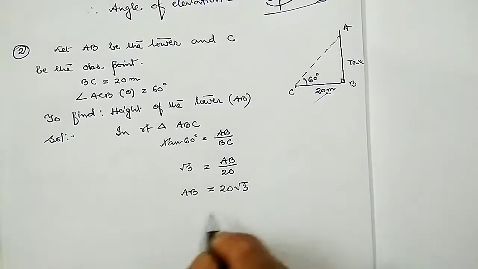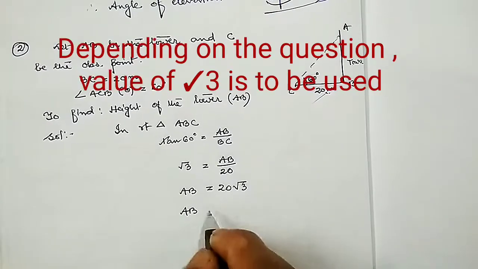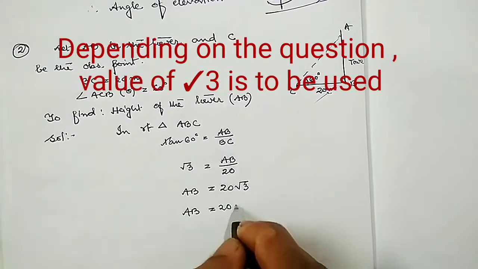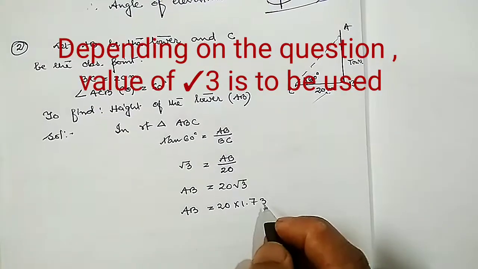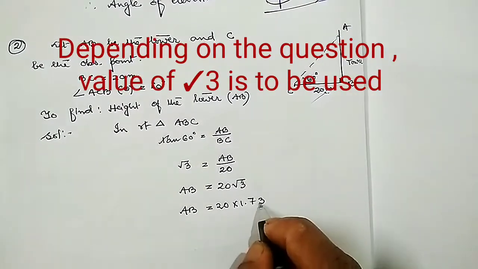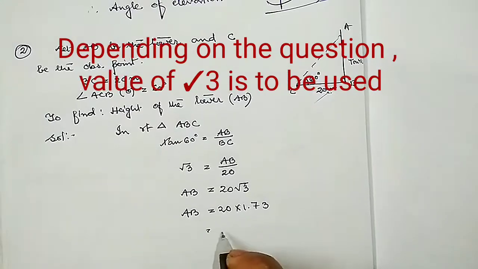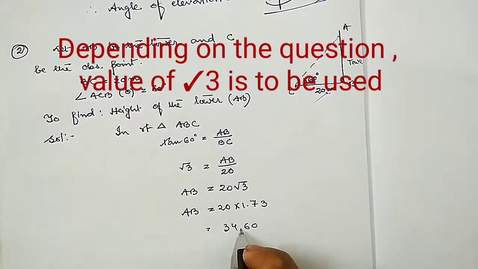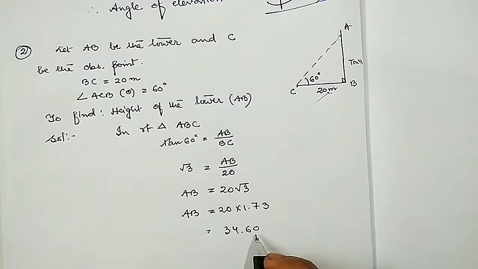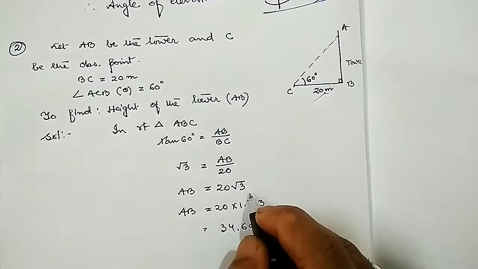The value of root 3 is, just remember this, 1.732. In the question, if nothing is given, you can consider 1.73 also. If I consider 1.73, I am going to get 34.60. So if nothing is given, you can keep up to this much.